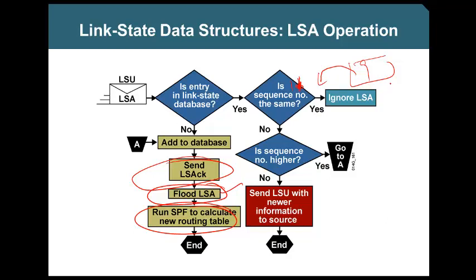If it is not higher, which means it is lower. Yes or no? It is no, lower. So I will send to Kamesh: Kamesh, you are the source who sent me with a 9. My friend, you don't have the latest one. I got 11. Take it. So it sends to Kamesh. That's all.